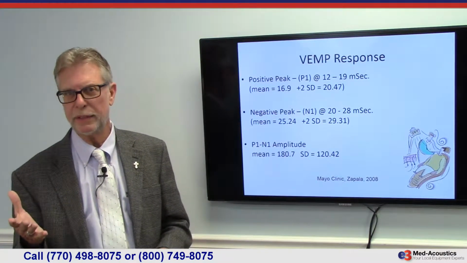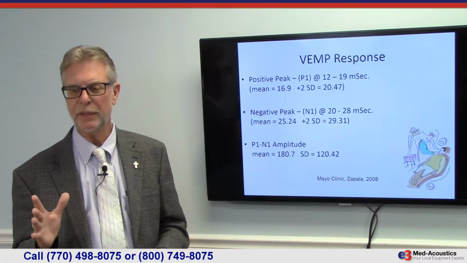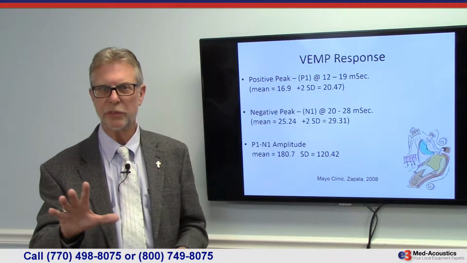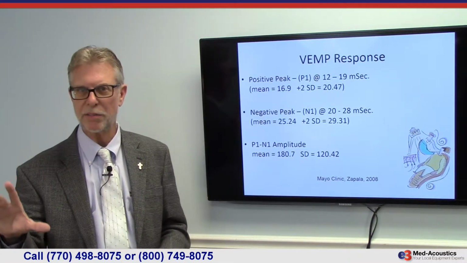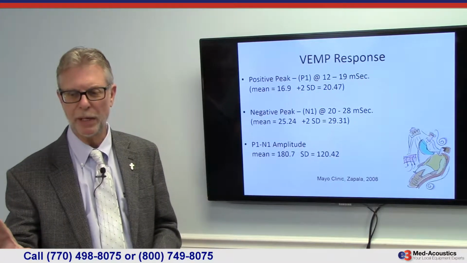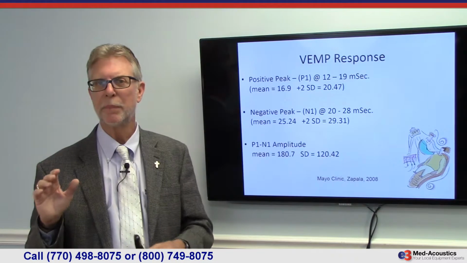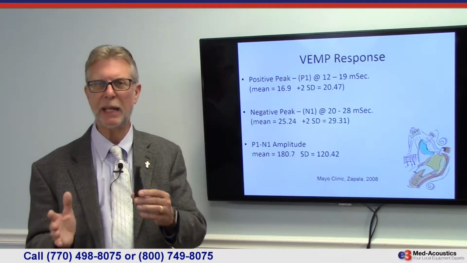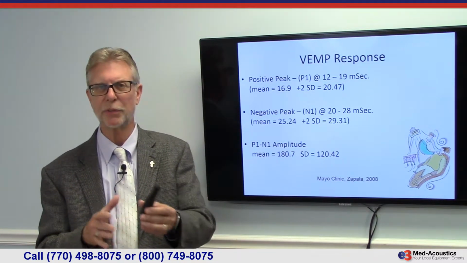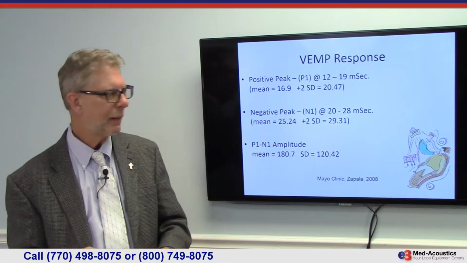So what is important is not the latency. That's only important so that you know that you actually have a VEMP response. But what's going to be important is our amplitude and our asymmetry ratio between the amplitude of the response on the left versus the response on the right.